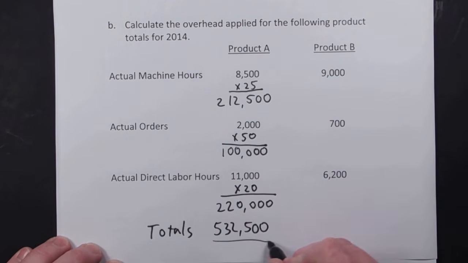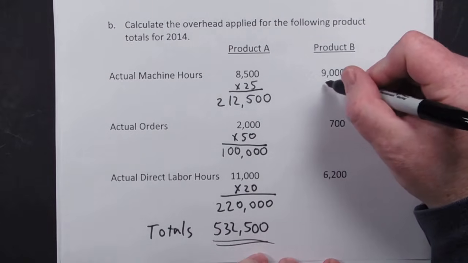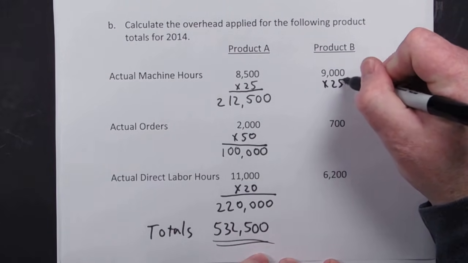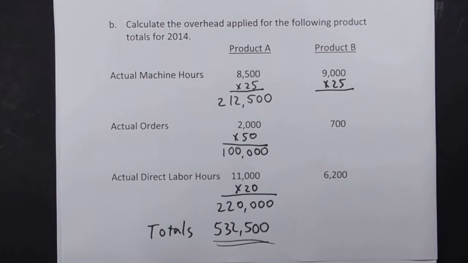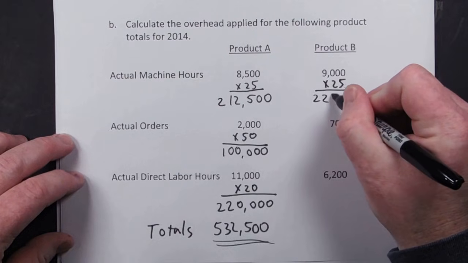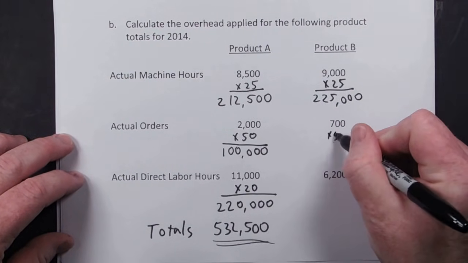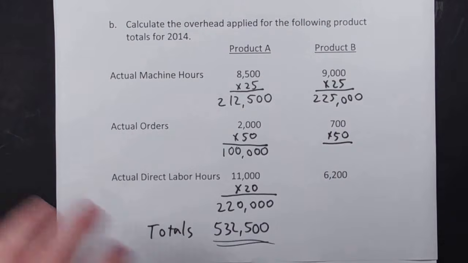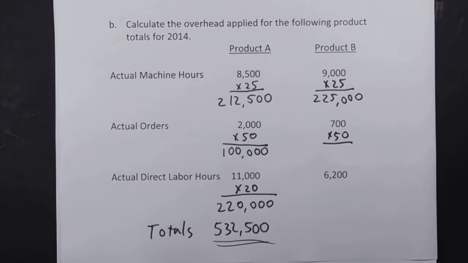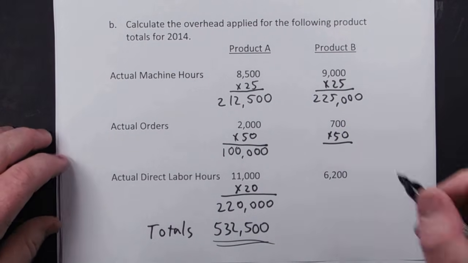Same thing for product B. $225,000, 9,000 times the $25 per machine hour. We have orders of 700 times the $50 per order, 35,000.